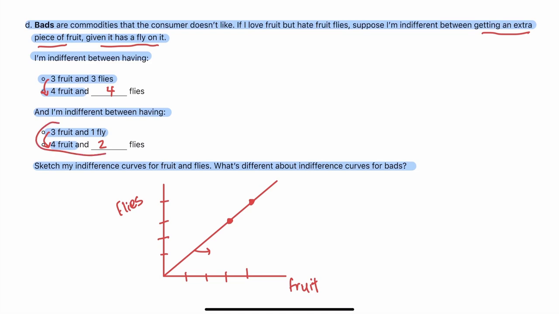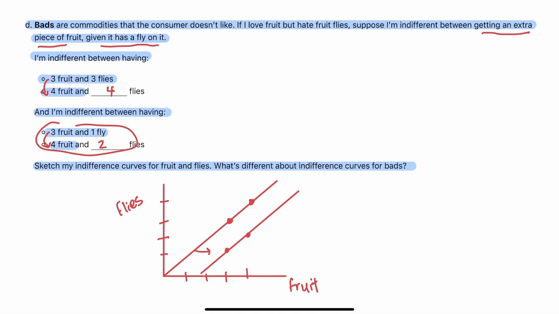So let's go over here, plot these. If I have 1, 2, 3 fruit and 1 fly, I'm here. And I'd be indifferent between that bundle and having 4 fruit and 1, 2 flies, I guess right around here. So that's another indifference curve like that, and should be parallel.